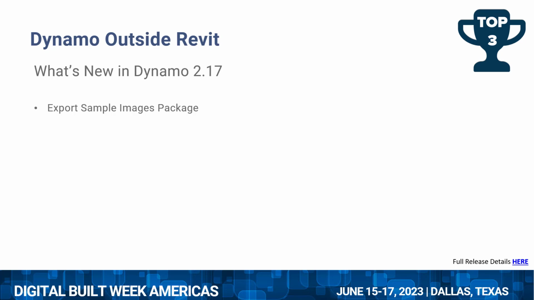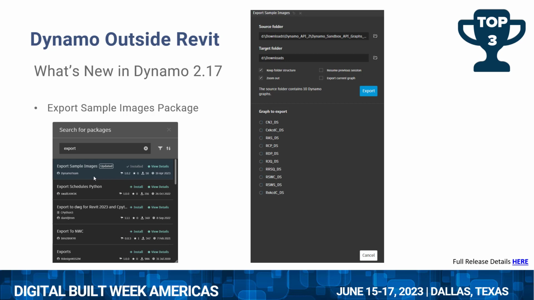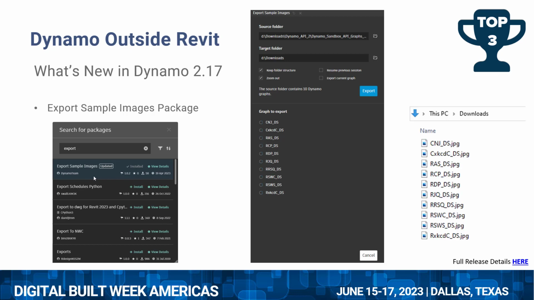The first one is the Export Sample Images Package. This is a custom package made by the Autodesk team for Dynamo that allows you to download from the package manager, pick a folder where you want to get images of all the graphs you have created, and then it automatically creates the images. Why, you ask?